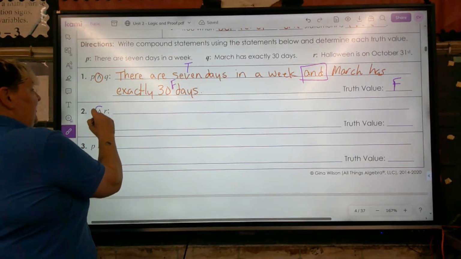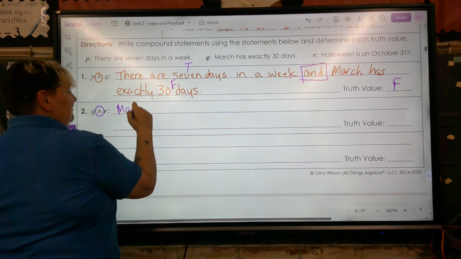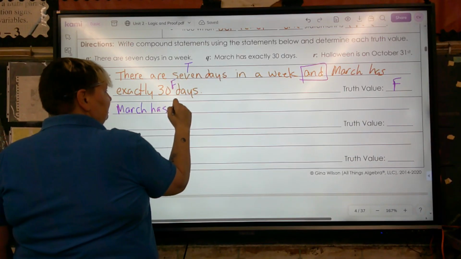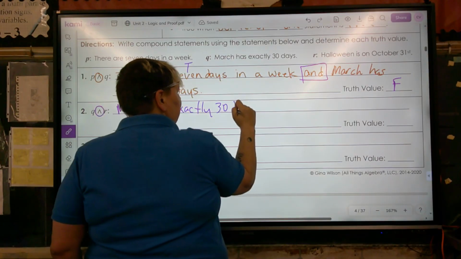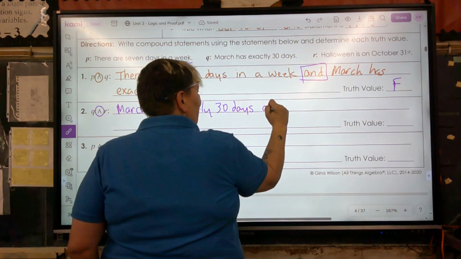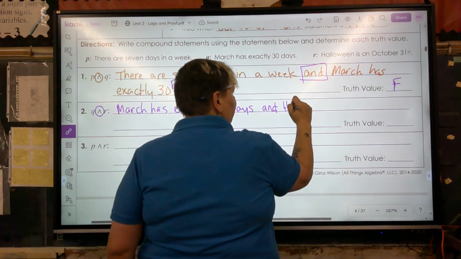Alright, again, Q and R. So Q is March has exactly 30 days. And R, Halloween is on October 31st.